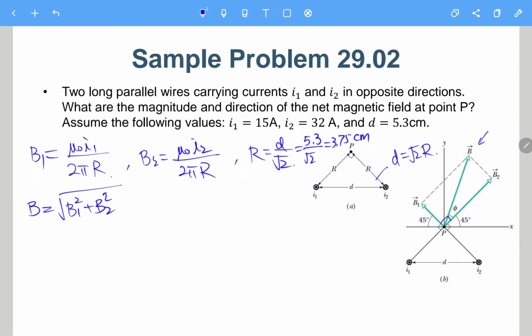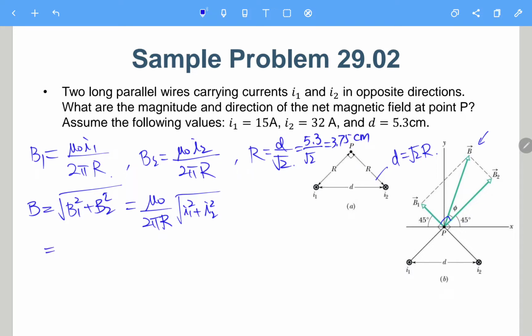This term will be μ0 over 2π R times the square root of I1 squared plus I2 squared, because μ0 over 2π R are common factors. With a square and a square root, this can be taken out, and then we square I1 and I2, sum together and take the square root.